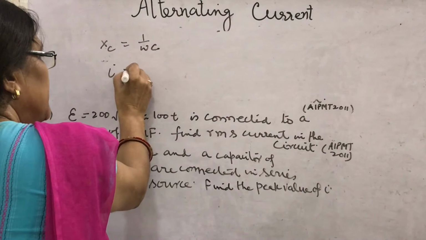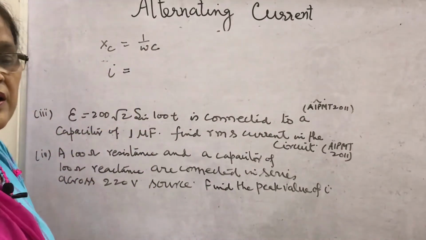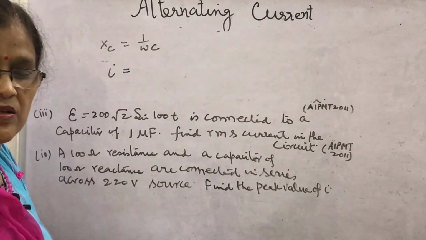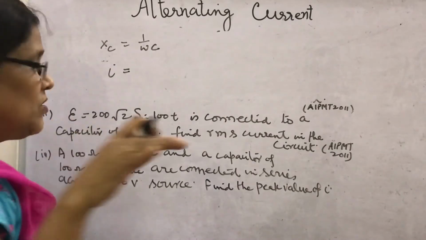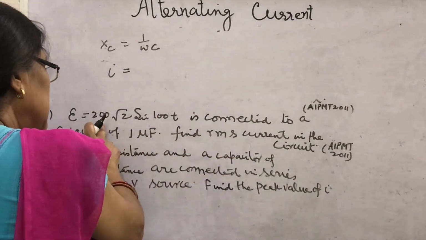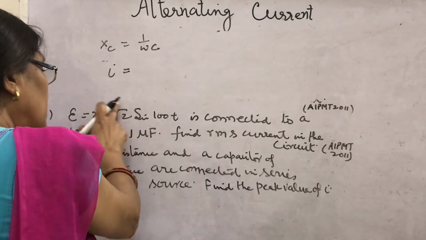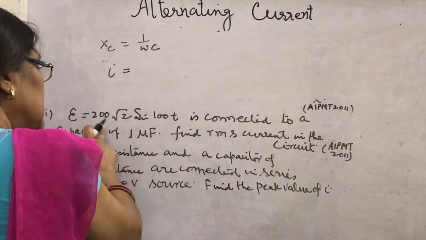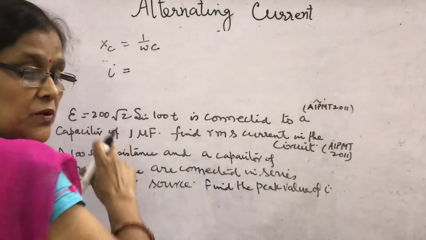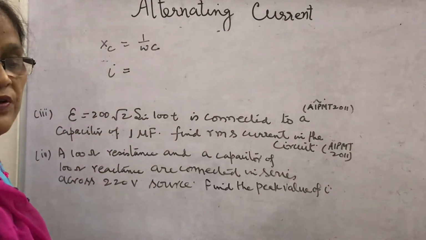What is the formula for current? You know, current I is E upon Z. If you compare this, E equal to E naught sine omega t, what is this value? E naught is 200 root 2. So what will you write here?